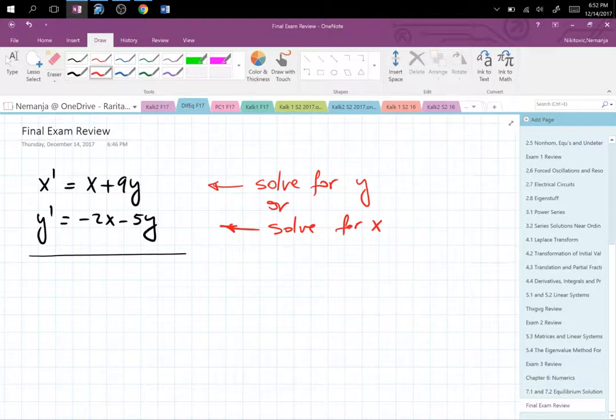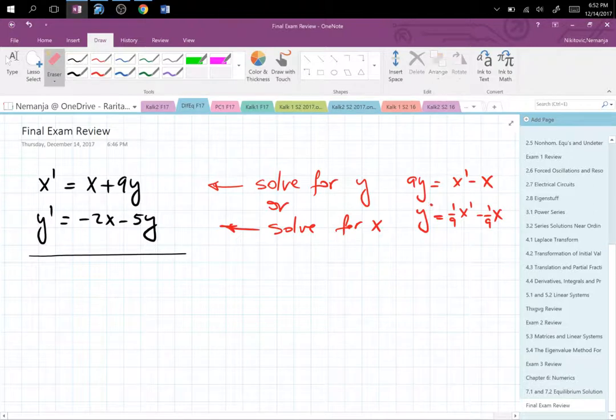y up there. So that's 9y is equal to x prime minus x, and then y is equal to 1 over 9 x prime minus 1 over 9 x. And then you need y prime to plug in, which is 1 over 9 x double prime minus 1 over 9 x prime. And now you plug both of these in.